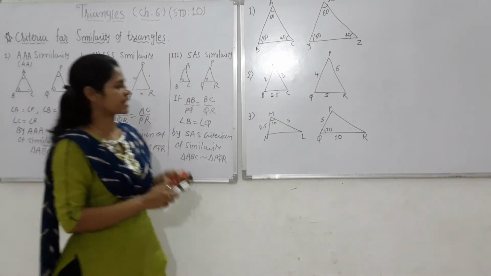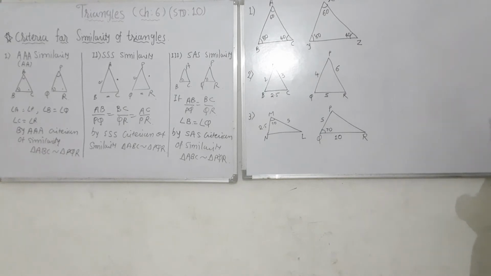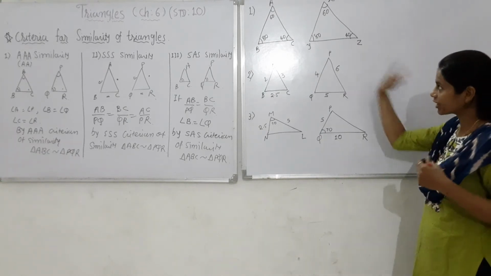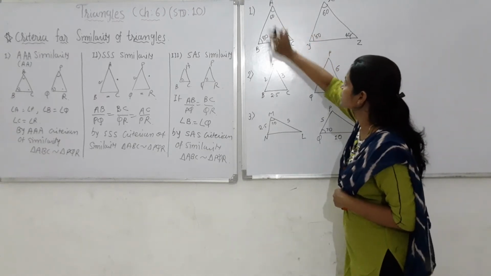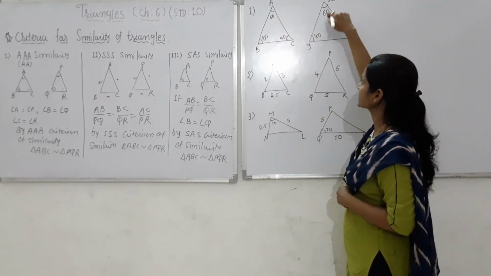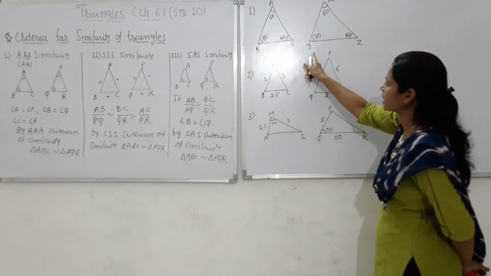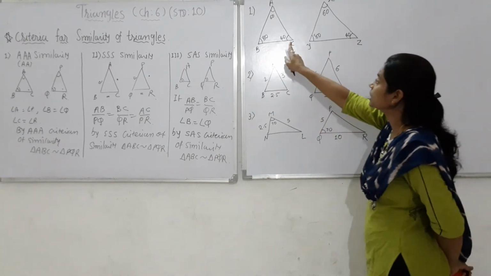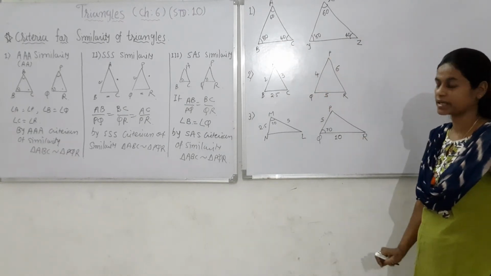In this first example, you have triangle ABC and triangle XYZ. What information is given in the question? Here angle A measurement is 60, here angle X measurement is 60. Here angle B measurement is 80, here angle Y measurement is 80. Here angle C measurement is 40 and here angle Z measurement is 40.